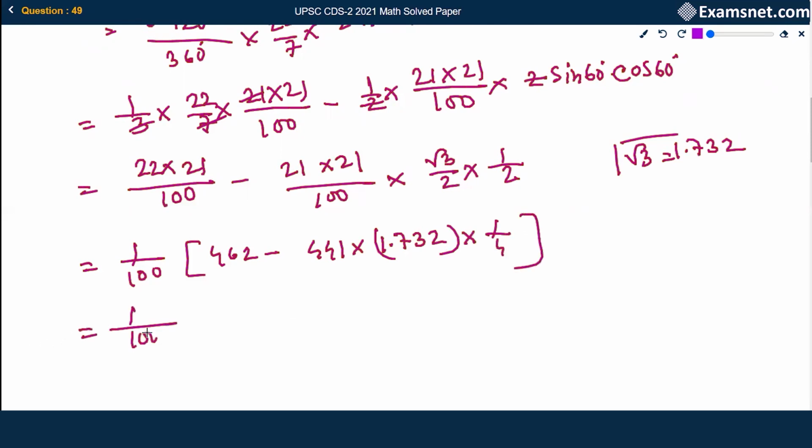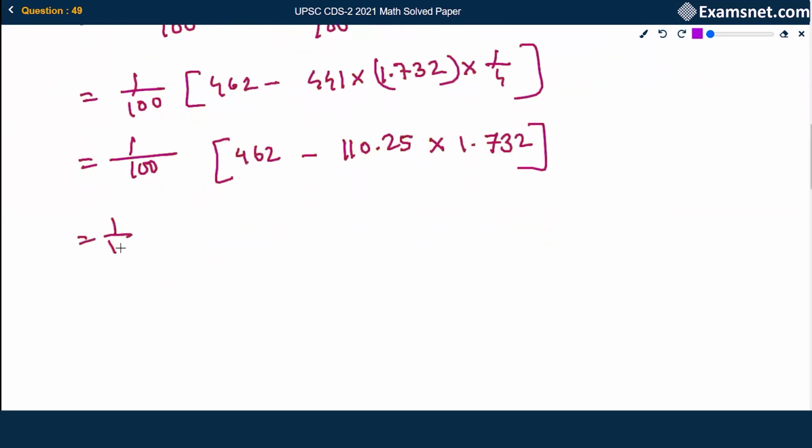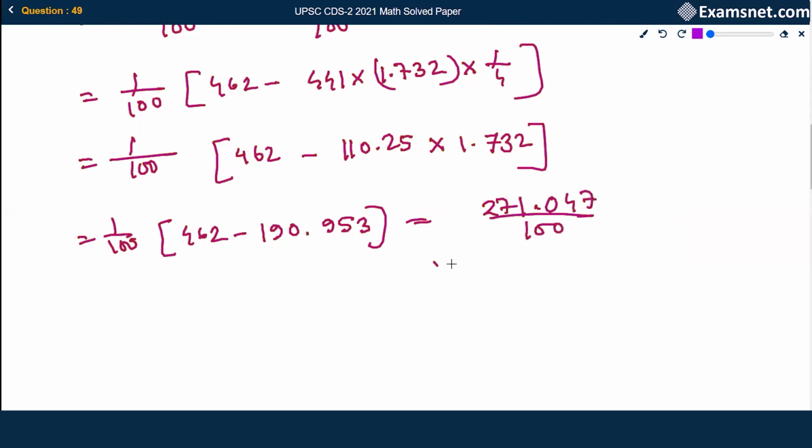So it becomes 462 minus 190.953, all over 100, that is 271.047 by 100.